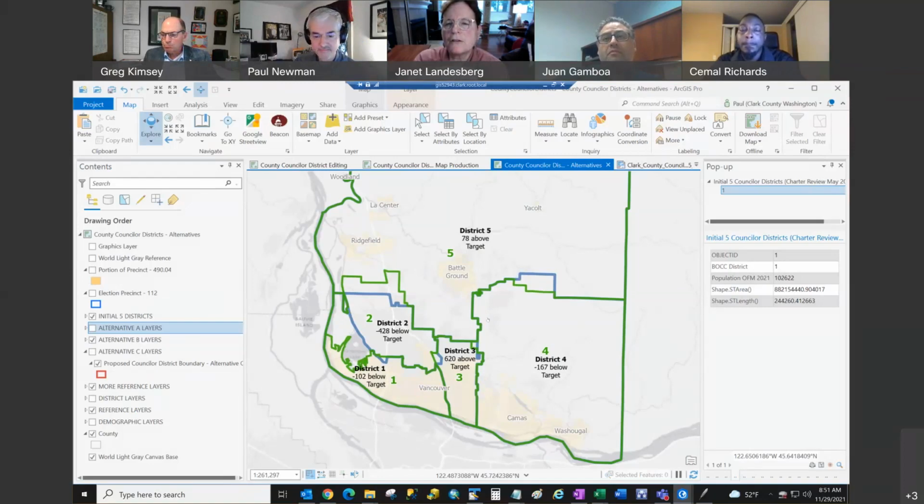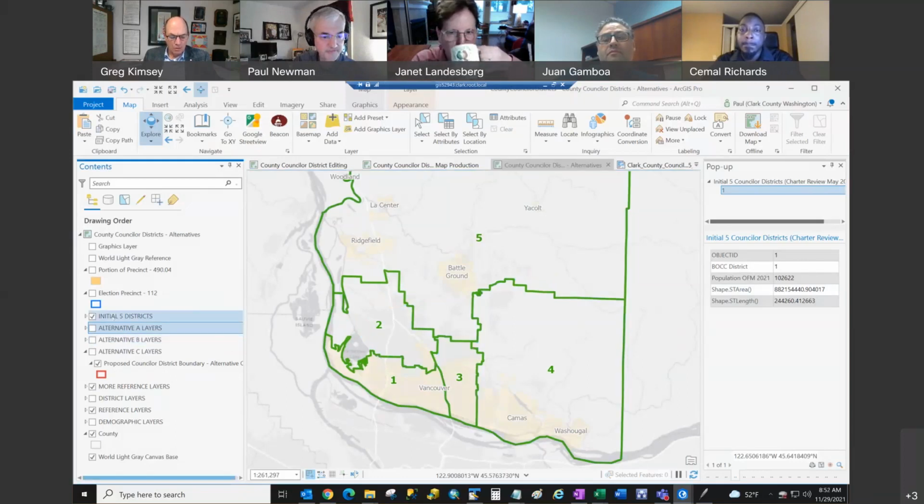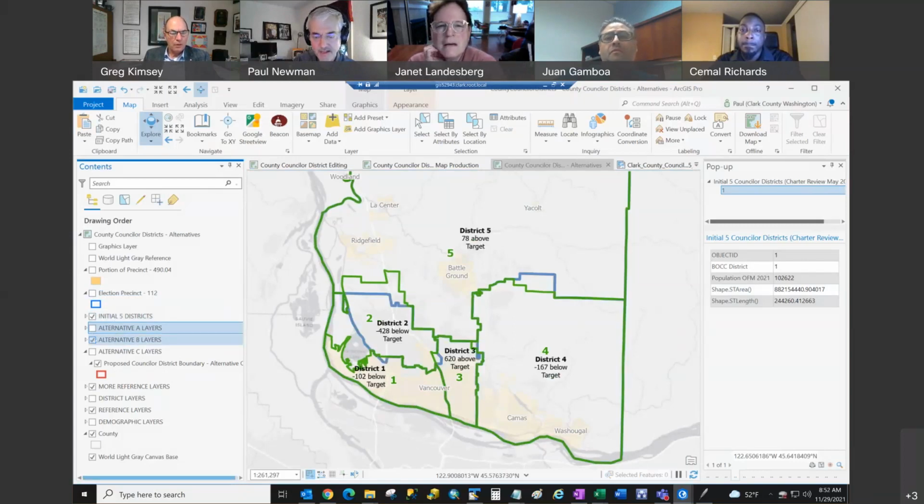So is it also the closer drawing to what the voters voted on? Yes, or at least to what the Charter Review Commission put forward. Again, what I'm calling the initial 5 districts is what the Charter Review Commission put forward. And in creating alternative B, I tried to keep the intent or the basic shapes the same.